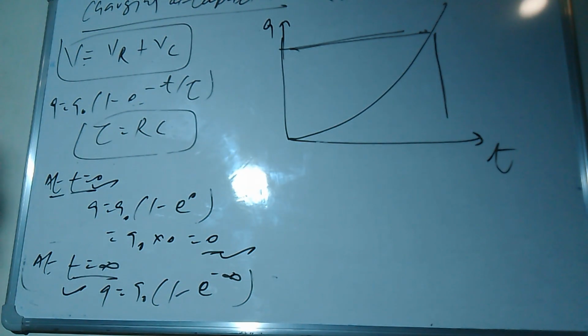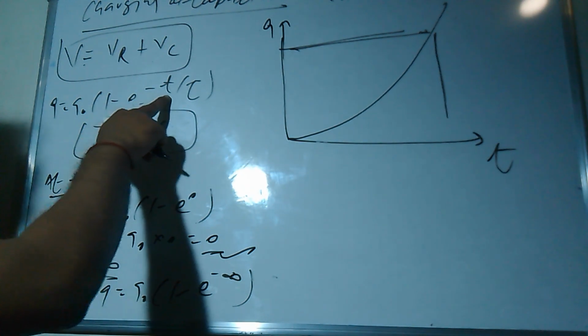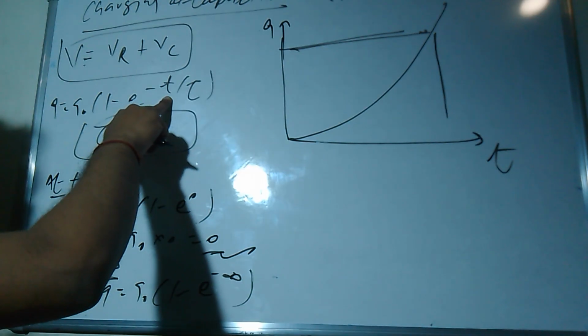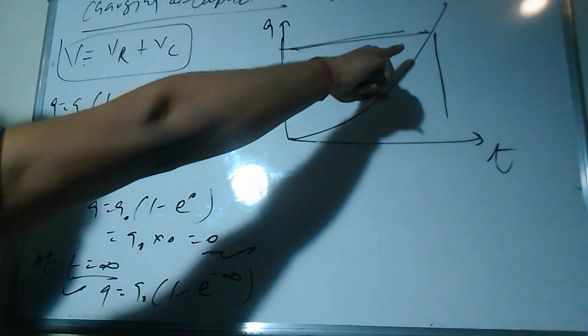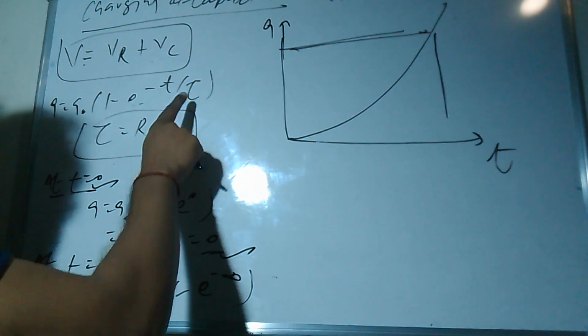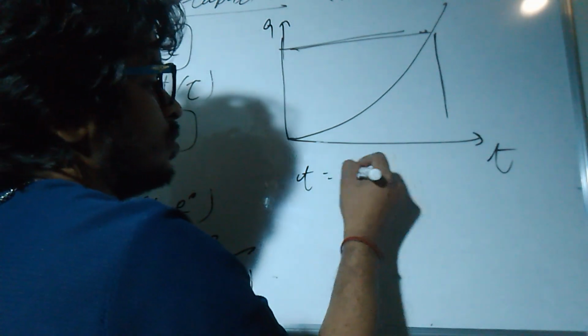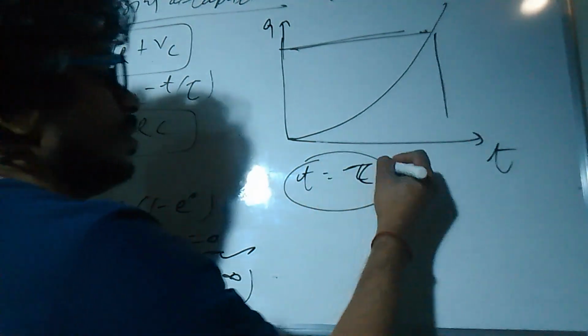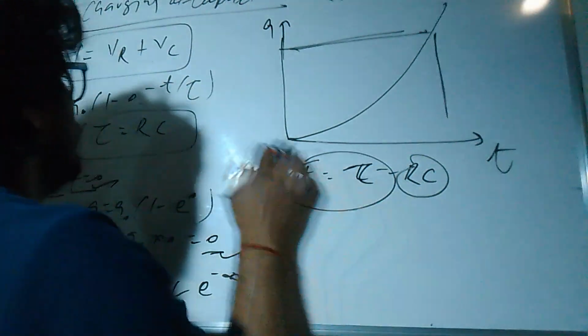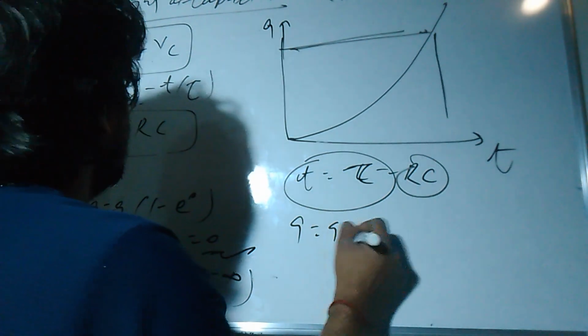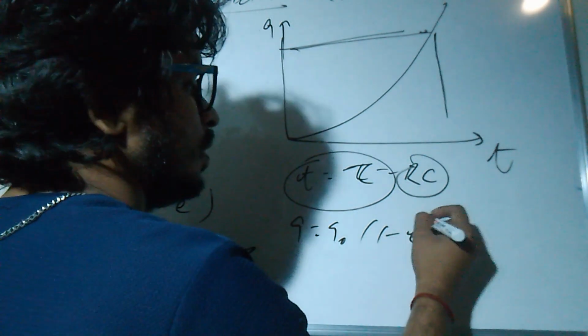If you put any value of t, we can find the value of charge at that time. Suppose I put t equals tau, which is the RC time. At RC time, Q equals Q naught (1 minus e to the power minus 1).